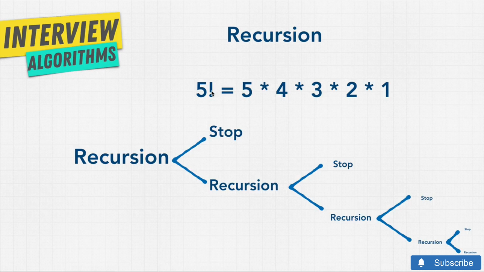So 6 factorial will be 6 times 5 times 4 times 3 times 2 times 1. And you'll notice here that it's a recursion pattern that we're doing. We call the function and we have 2 cases that can happen. We have the base case to stop or recursive case, and so on and so forth. And we keep going until we hit 1.